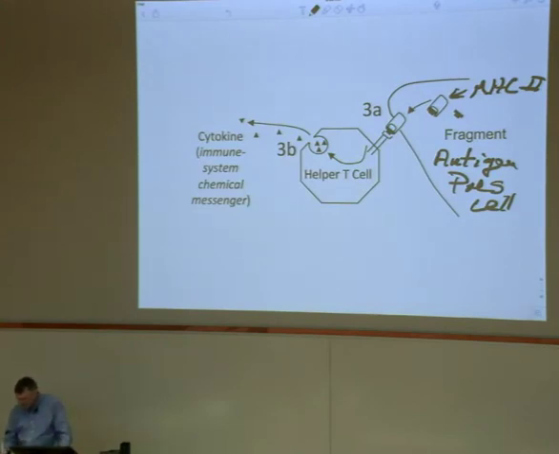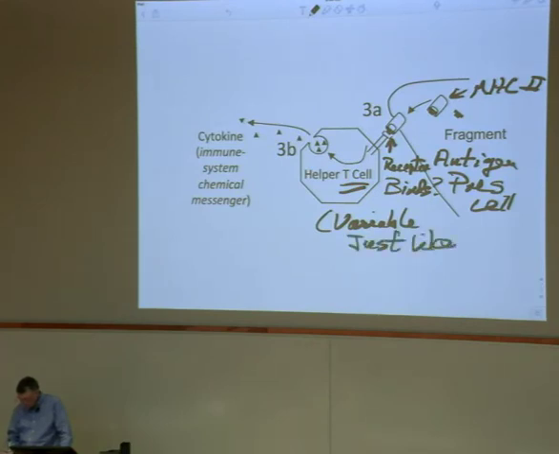Okay, so when helper T cells, if they have a receptor that binds, and by the way, also variable, just like killer T, which we're about to talk about, and B cells.